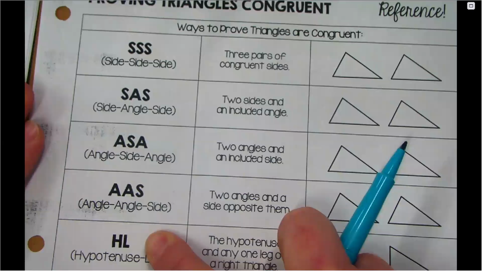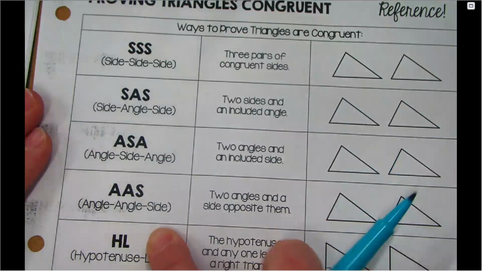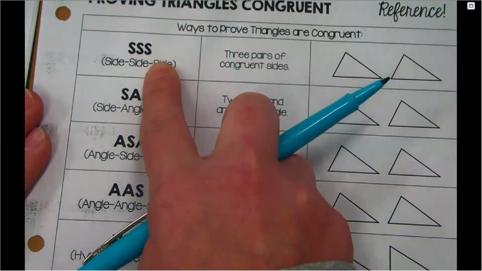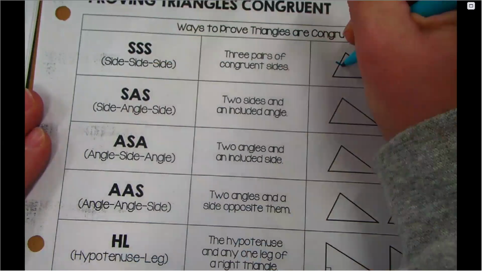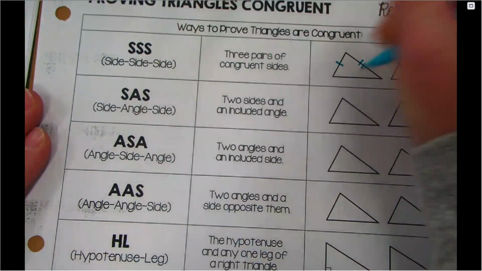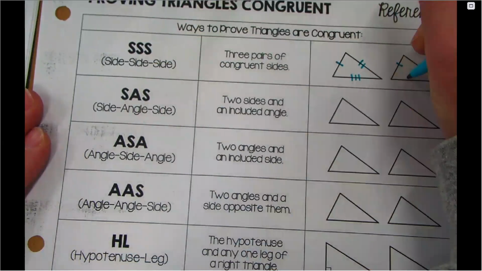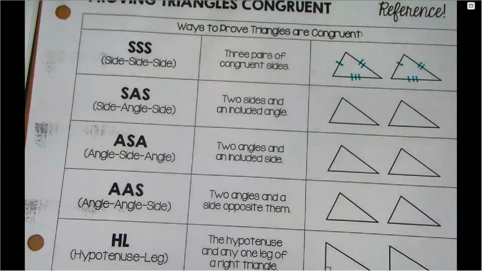Okay, so the first thing is that they have side, side, side, which means that you know all 3 sides. If you know that all 3 sides are congruent, then that means all 6 parts are congruent and that those are congruent triangles.